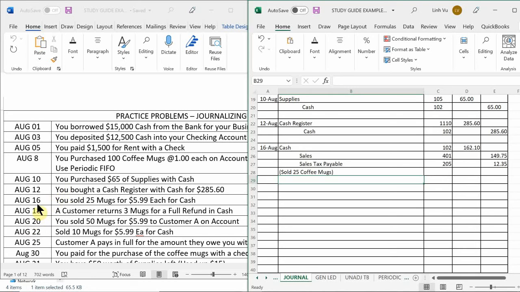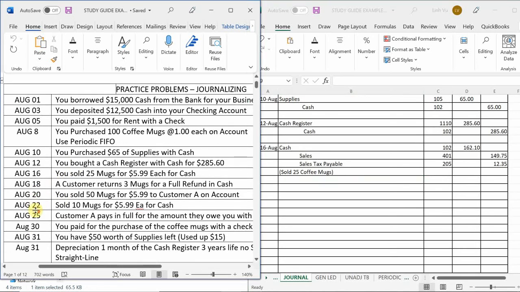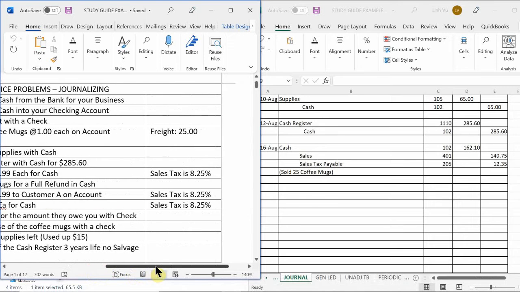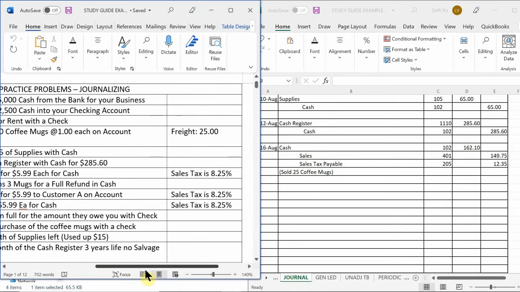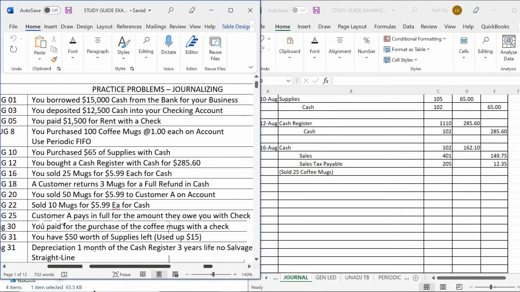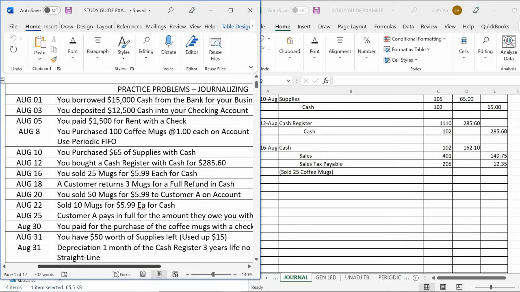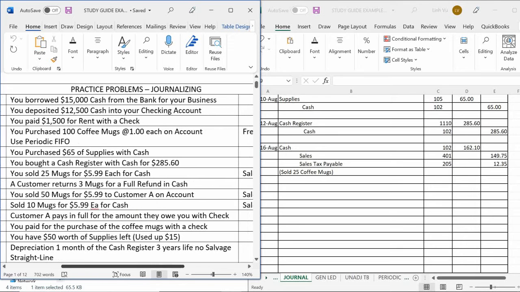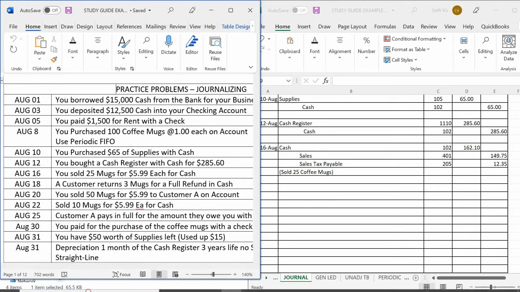So then on August 18, a customer decides to return 3 mugs for a full refund in cash. In this case, a customer returns 3 mugs for a full refund.